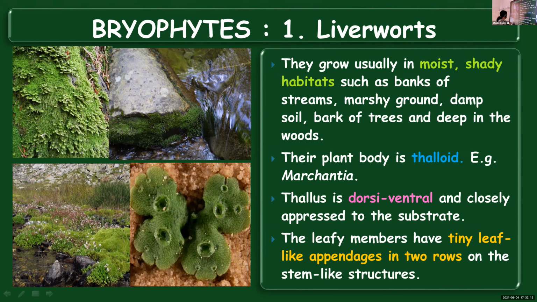So in both cases, it's mentioned leaf-like, stem-like, not true stem and leaves, but some structures which resemble leaves are arranged in two rows on stem-like structures. And not for all liverworts you can see these leaf-like structures. Some of them are provided with leaf-like structures. In such a case, they will be arranged in two rows on stem-like structures. This we had seen last period.